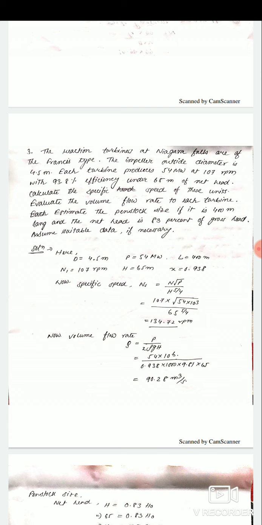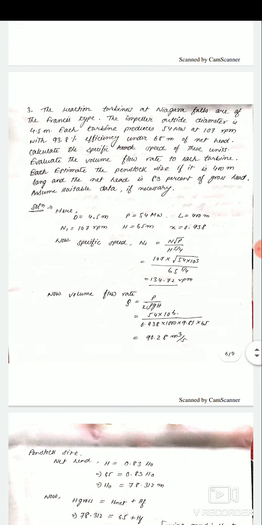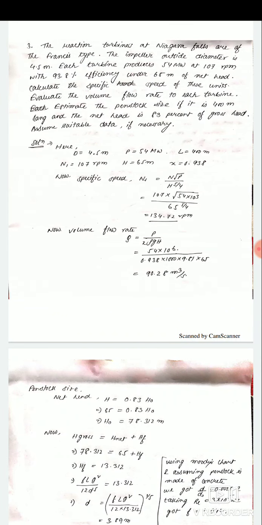We already discussed the specific speed in the first question. So specific speed we can find out as N into root P divided by H to the power 5 by 4. By simply putting in these values we get the specific speed, 134.72 rpm. And the volume flow rate we can find out from Q into P divided by eta into rho g H. By putting in these values, the flow rate comes out as 90.28 meter cube per second.